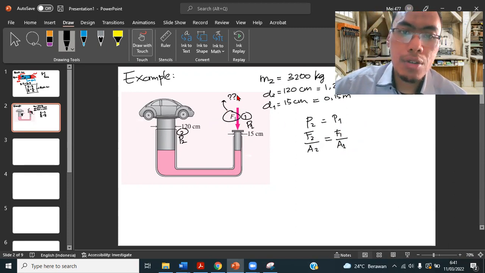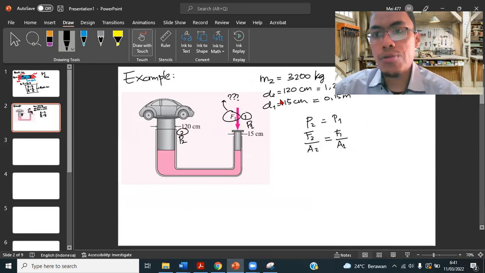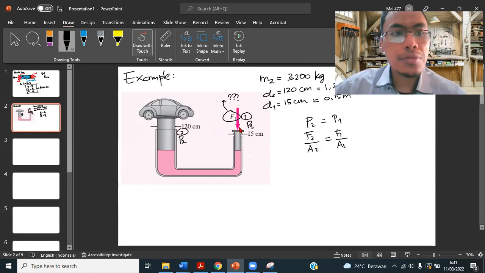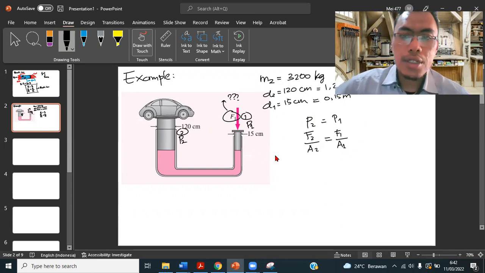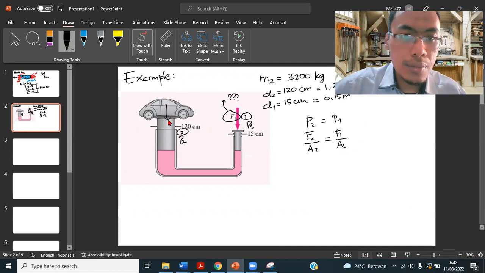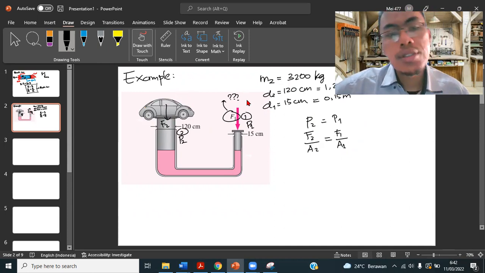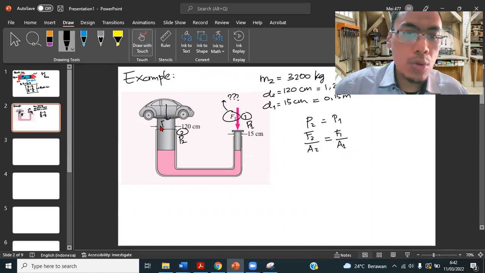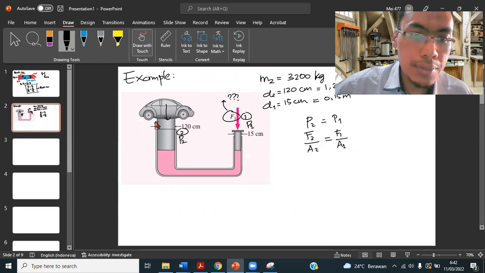So we are going to find the solution for F1. Okay, so firstly we have to find F2. So F2 is in this point. So this one is F2, and F2 is the weight, the weight of the car and the piston.